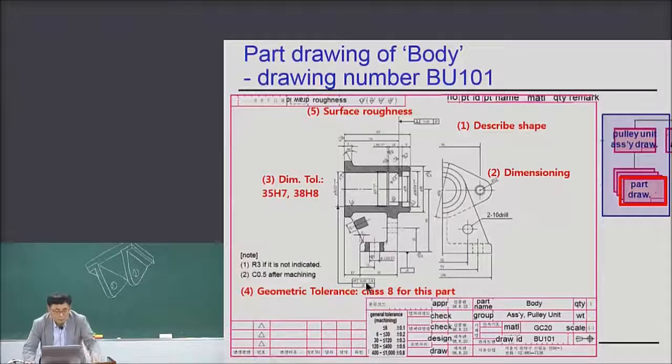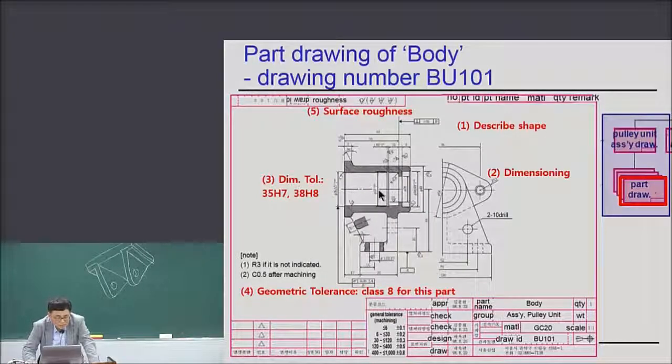Parallelism of 0.05, which is 50 micron. Whose parallelism? Because this sign is attached to the diameter 35 H7. So 35 is what? The inner cylindrical surface whose diameter is 35.